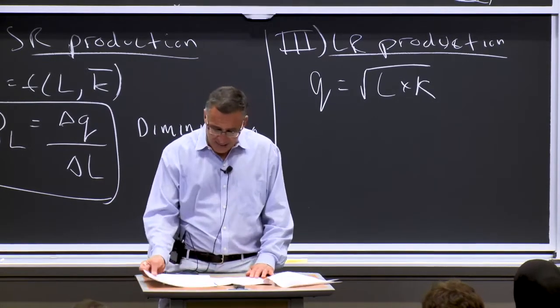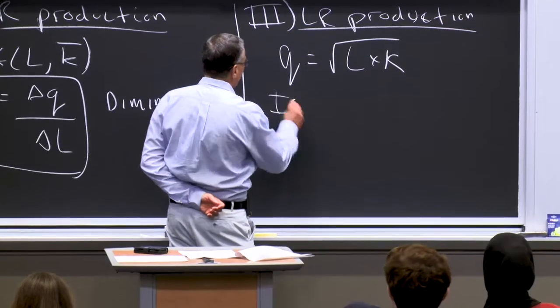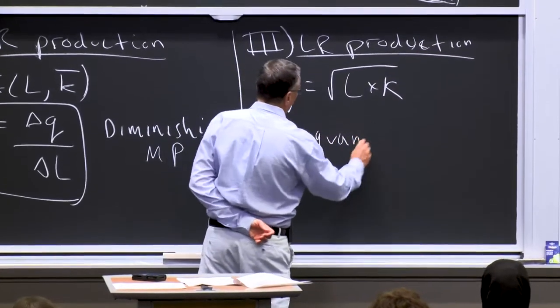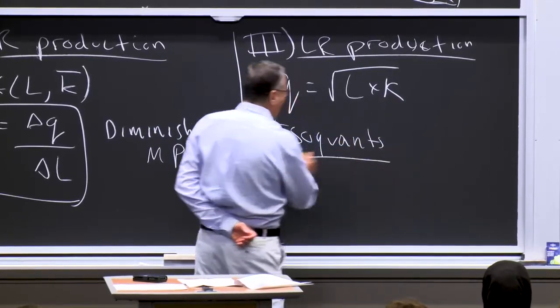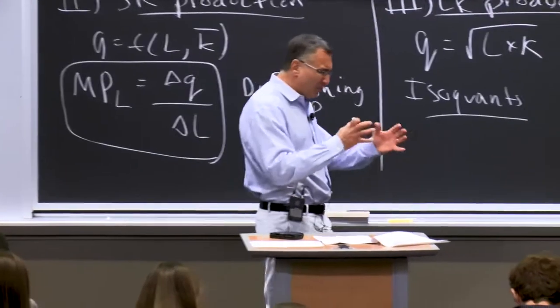Okay? And figure 5.1 shows you what that delivers graphically. Just as to graphically represent utility, we graphed indifference curves, to graphically represent production, we are going to graph isoquants. Okay? Isoquants are like firm indifference curves. But once again, they're sort of more tangible.